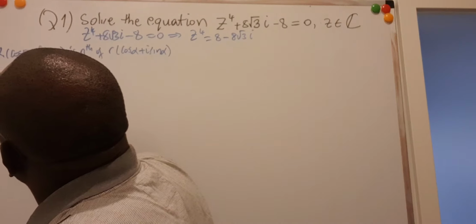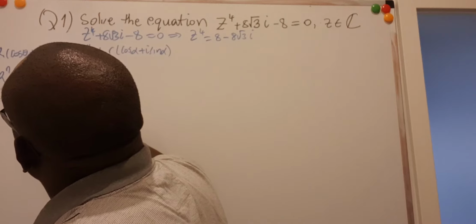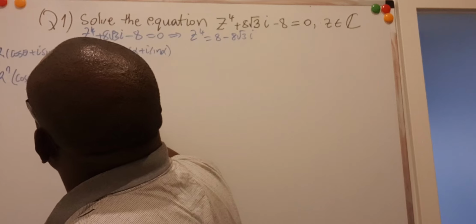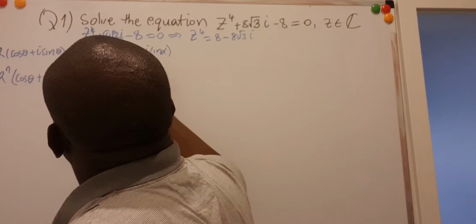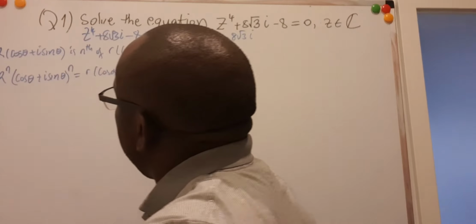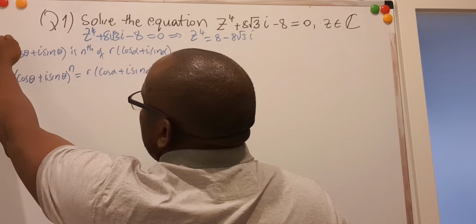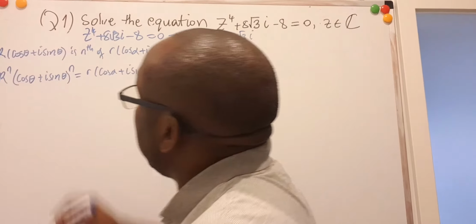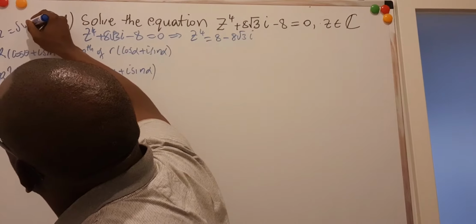This means R to the power n (cos theta plus i sine theta) to the power n should be equal to r (cos alpha plus i sine alpha). That's true. If 2 is the square root of 4, it means that 2 squared should be equal to 4. That's just what we are doing here.